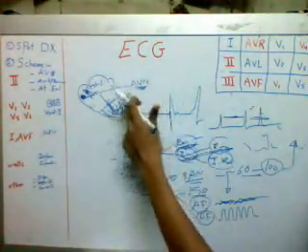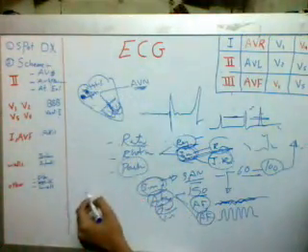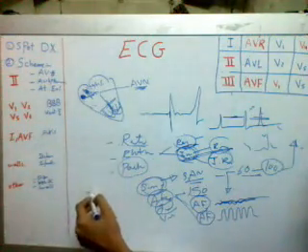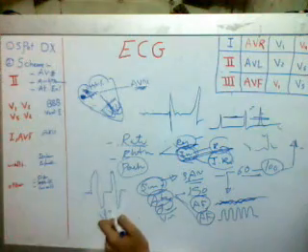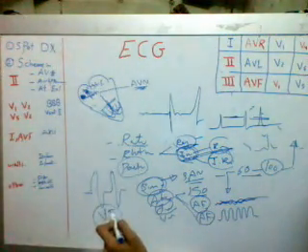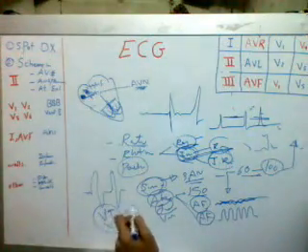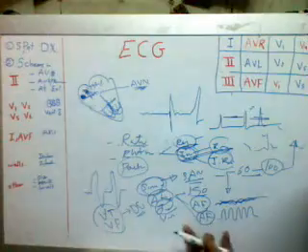Absent P wave refers to junctional rhythm. Or maybe ventricular. You see the characteristic wide complex here. This may be ventricular tachycardia or ventricular fibrillation. Most of these need a DC shock to bring back the normal rhythm, to restore the rhythm.